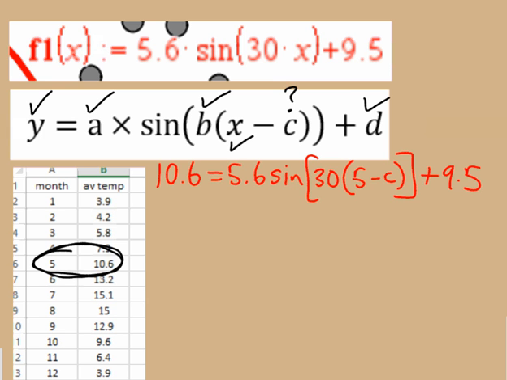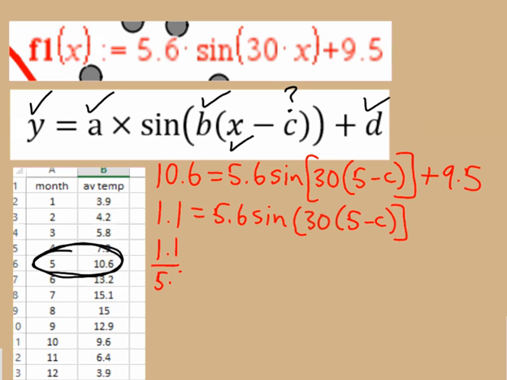And you basically have to rearrange that equation to find C, which takes a few steps. So first step, 1.1 is 5.6 sine 30, 5 minus C. And then dividing by 5.6, 1.1 divided by 5.6.